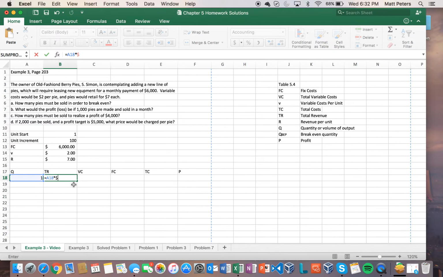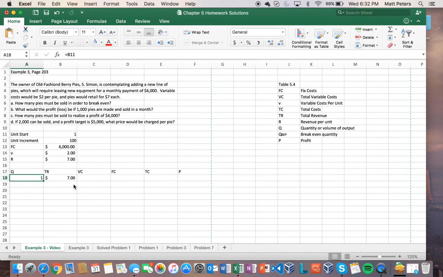So I could have gotten that by typing $B$15. But the easier way is to put your cursor on there, then press F4. Now, depending on your keyboard or laptop, you may have to hold down a function key in order to press F4. And then I've got the $7 there.